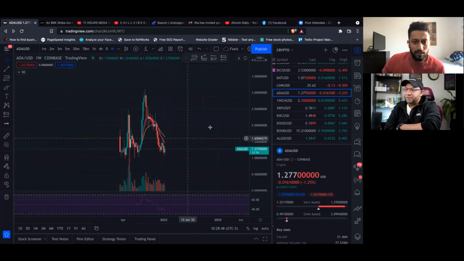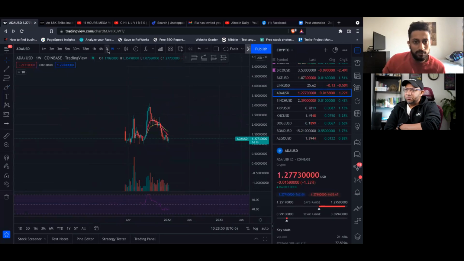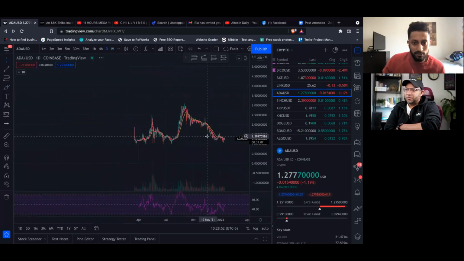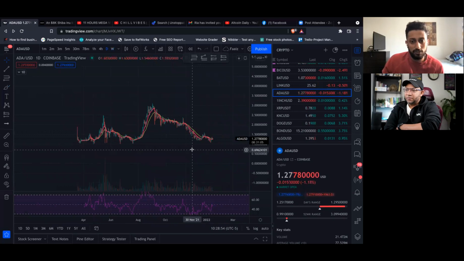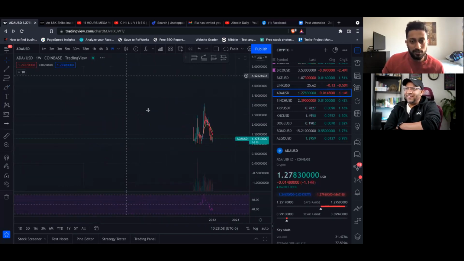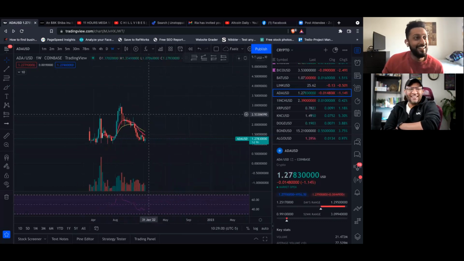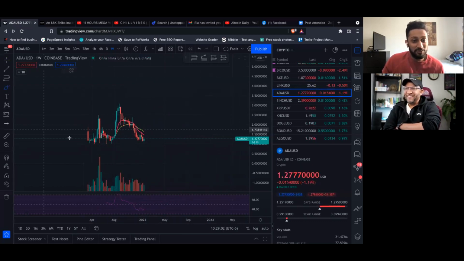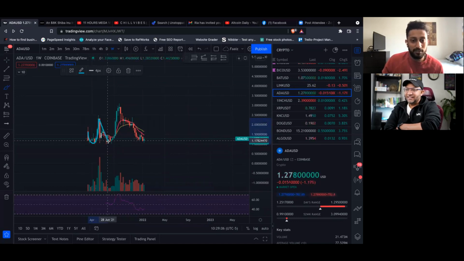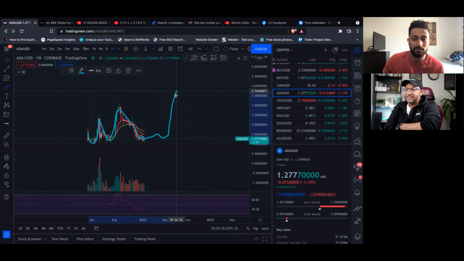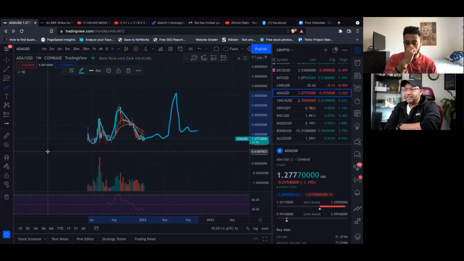Now, Cardano hasn't been around for a long time, so let's go to the daily chart. Okay, so Cardano also looks like it's doing an XRP. You can see it's like so much stress. It goes up, then comes right back down, goes up, comes right back down. And it's probably going to do this, spike up, come right back down. And we've seen what has happened with ADA.